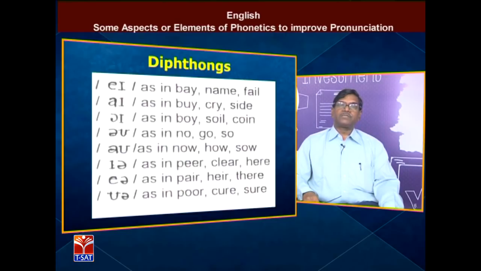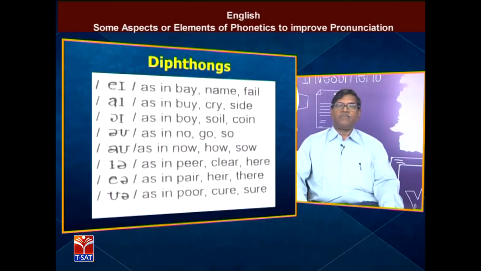It starts with A and ends with E. Similarly, another diphthong, oi, starts with O and ends with E: boy, soil, coin, oil, O-I-L. In all these cases we have oi. So, these three diphthongs end with the E sound.